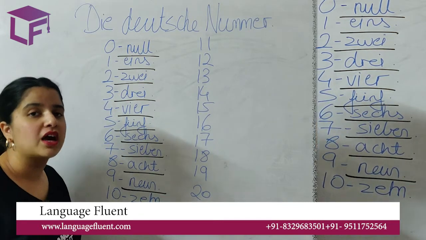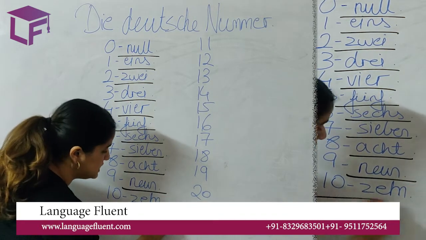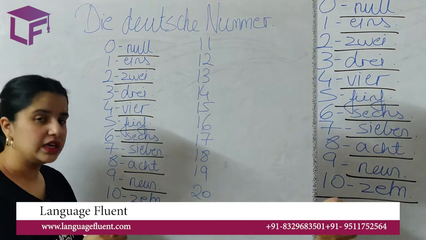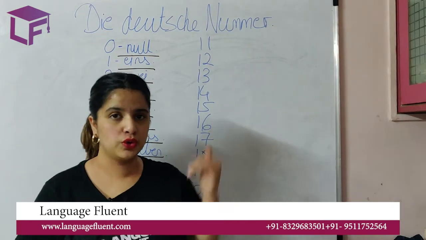And 10 becomes 10. Okay, so these were the numbers from 0 to 10.